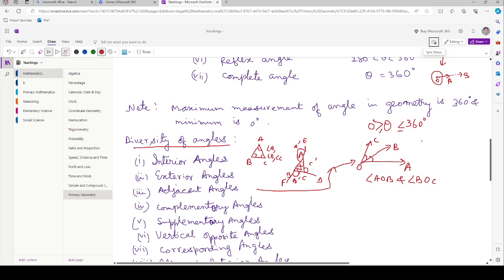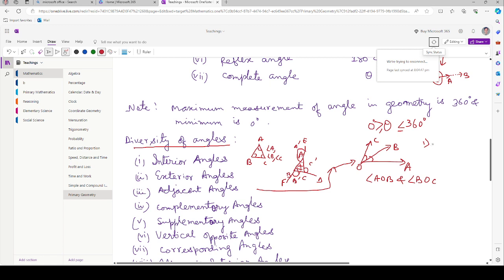There are three properties by which we can decide whether a pair of angles is adjacent angles or not.